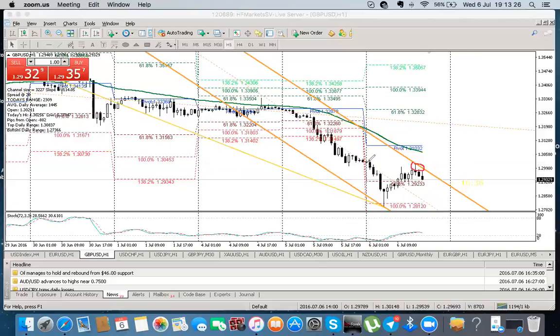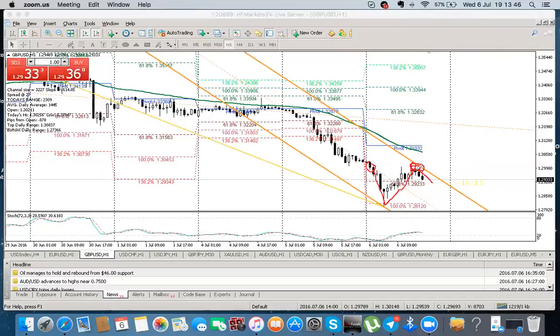The market opened today and fell at most 70 to 80 pips, then retraced, and when it touched the channel trend line here, the market is now rejecting.